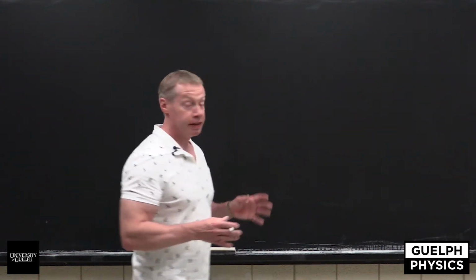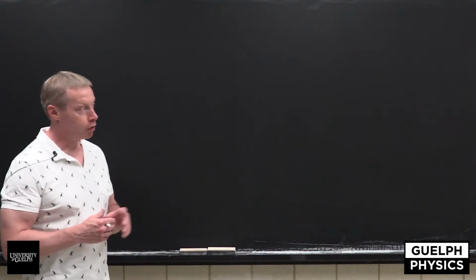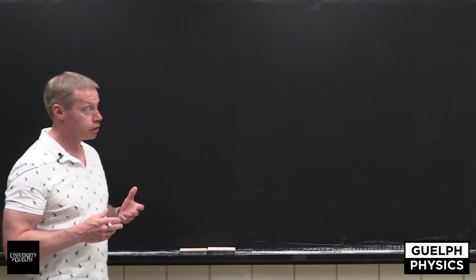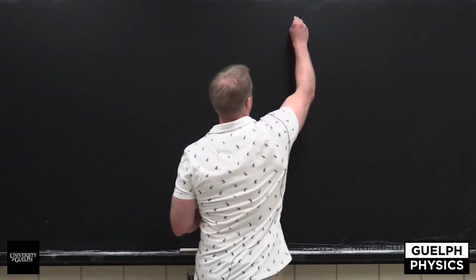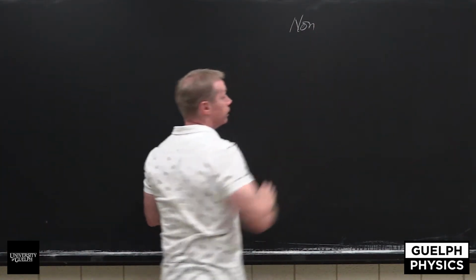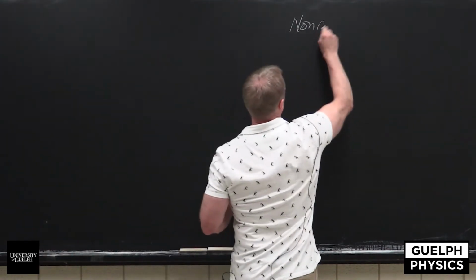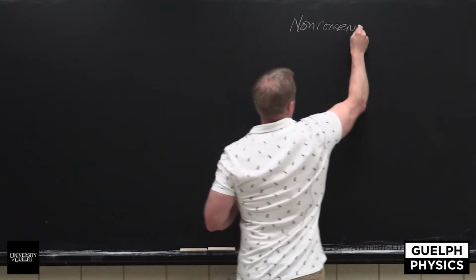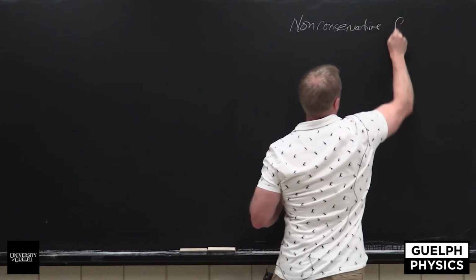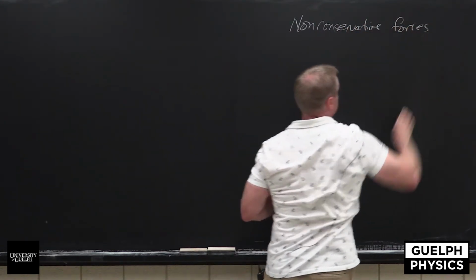So thus far, we've had the condition that for the Hamiltonian we deal with conservative forces. And just as we did with the Lagrangian formalism, we're going to introduce non-conservative forces into the Hamiltonian.